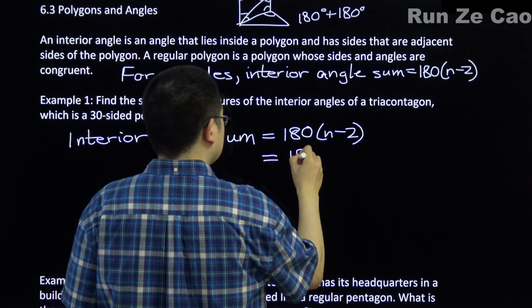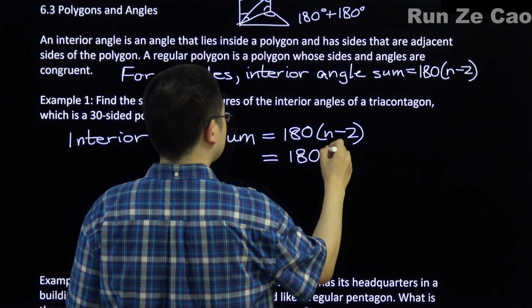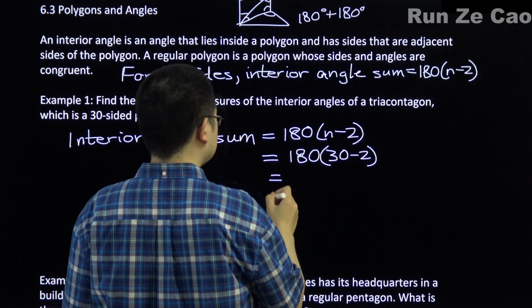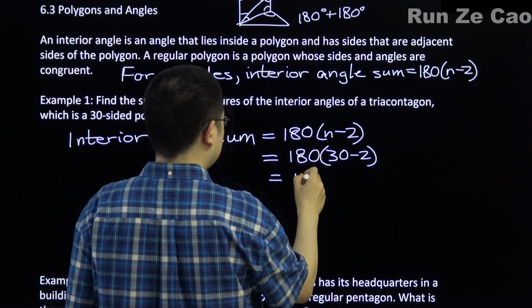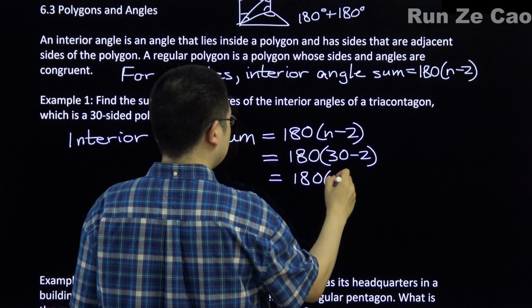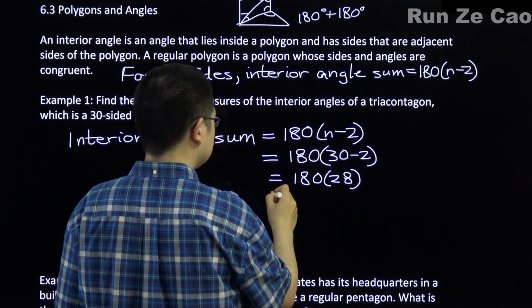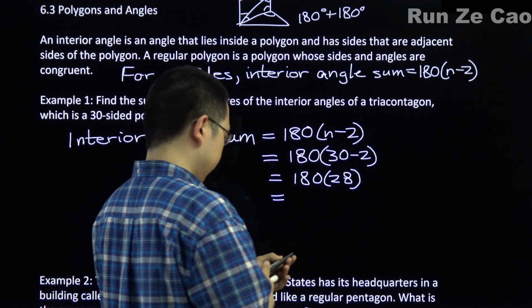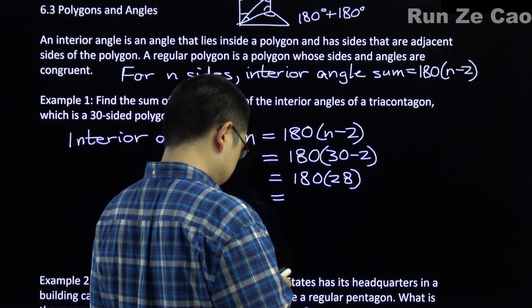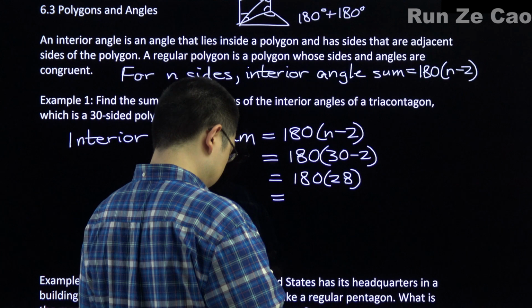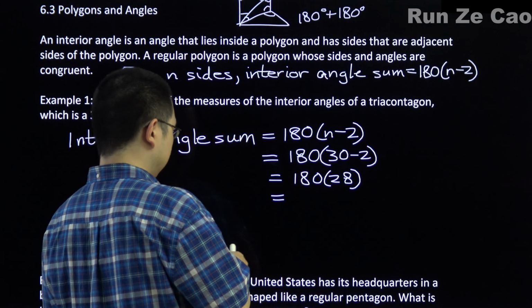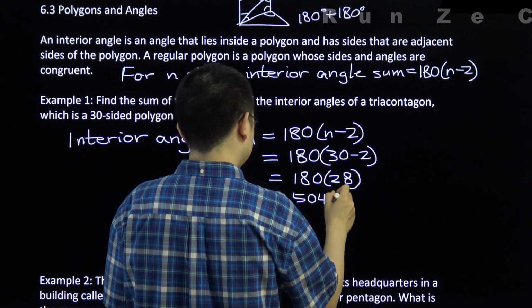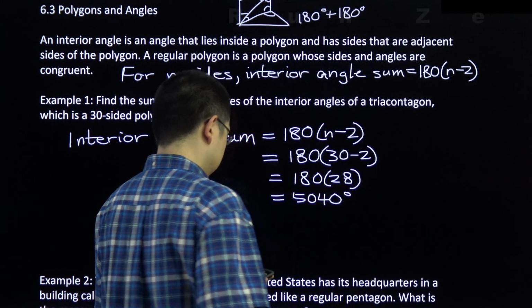So 180 times 30 minus 2 gives us 180 times 28. So 180 times 28, 5040. 5040 degrees.